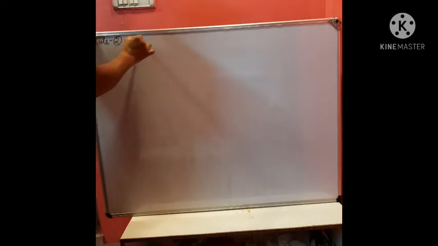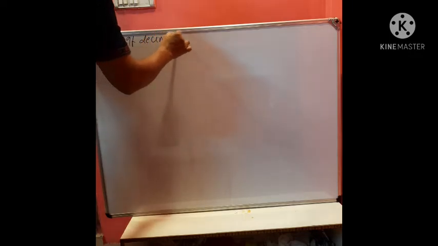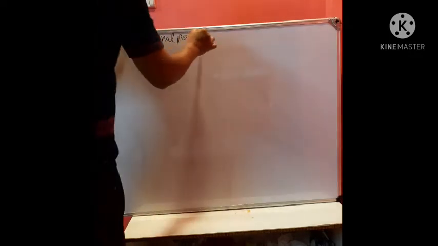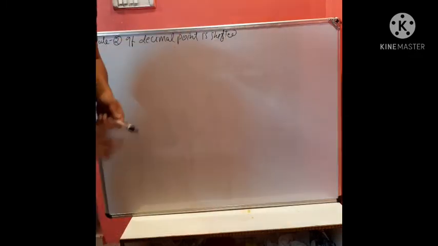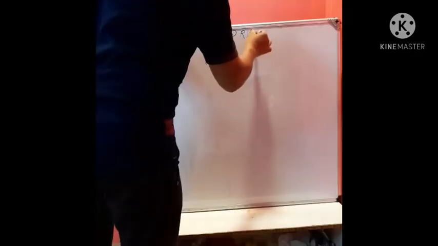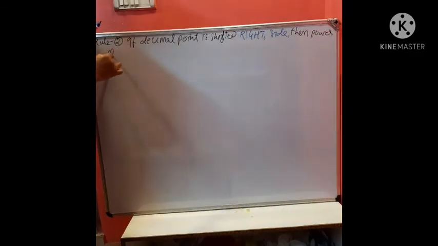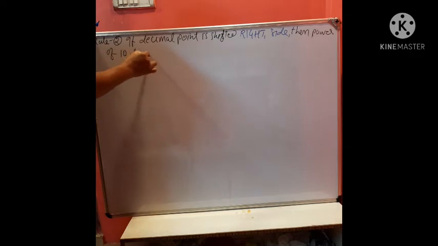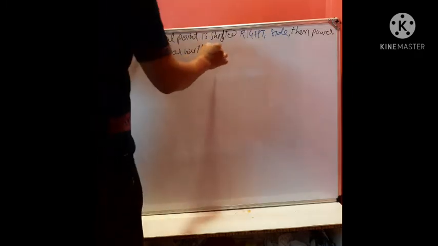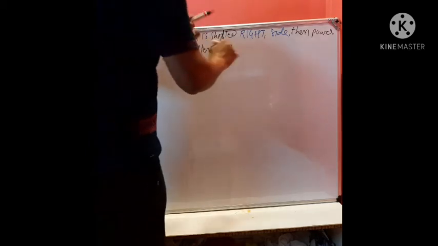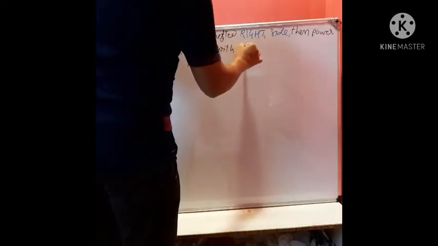Next one, if the decimal point is shifted to the right side, then the power of 10 decreases, or is written with a minus or negative sign.